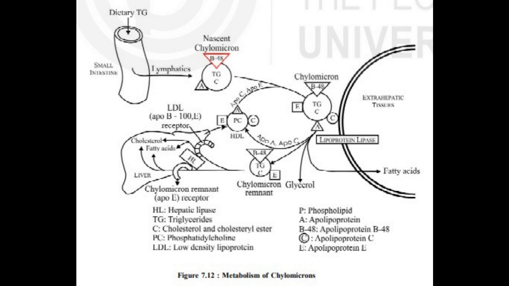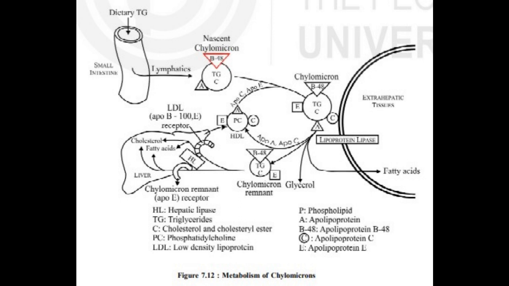As the chylomicron circulates and the triacylglycerol in its core is degraded by lipoprotein lipase, the particle decreases in size and increases in density, since it has lost a considerable amount of its lipid component. In addition, the C apoproteins are returned to the HDLs, from which they were originally obtained. The remaining particle left is called a remnant.